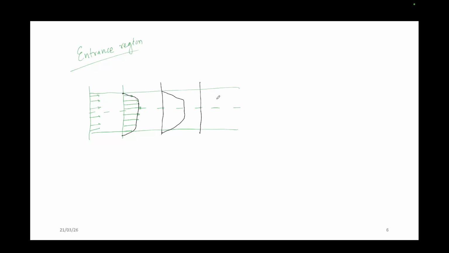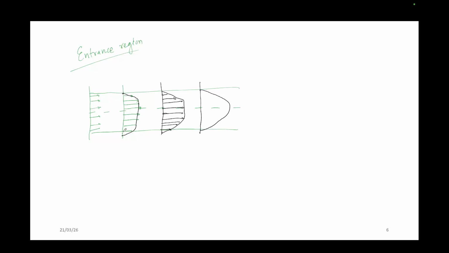Similarly, further along, after a few moments it is a fully parabolic profile. I'm talking about this velocity profile with the wall: because of the no slip condition, there is a drop in the velocity.